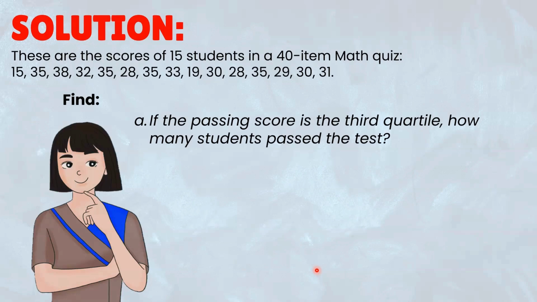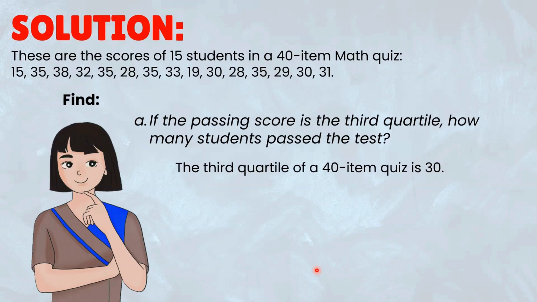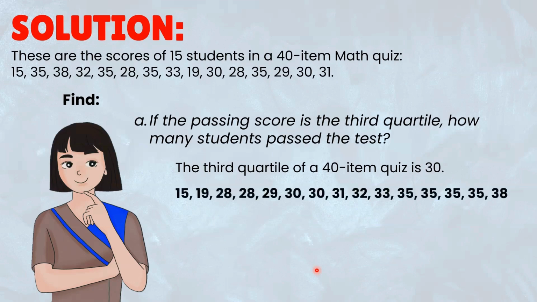It is the third quartile of a 40-item quiz, which is 30. If we arrange the scores of the students, we have 15, 19, 28, 28, 29, 30, 30, 31, 32, 33, 35, 35, 35, 35, and 38.